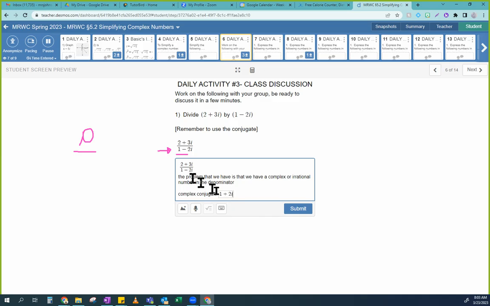Here it's minus 2i, so here we change it to plus 2i. Okay, so we're going to multiply this by both the numerator and the denominator.